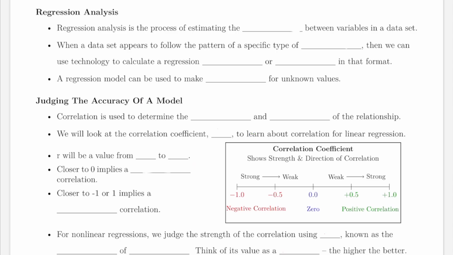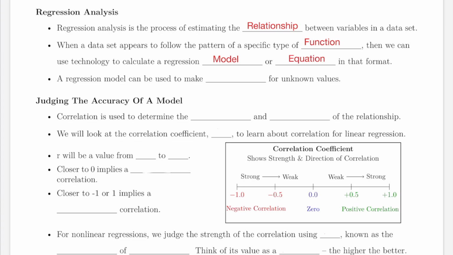Regression analysis is the process of estimating a relationship between variables in the data set. In this case, our relationship was between people and the number of slices of pizza. When the data set appears to follow a pattern of some specific type of function, which in this case was a line, a linear function, we can use technology to calculate a regression model or equation.